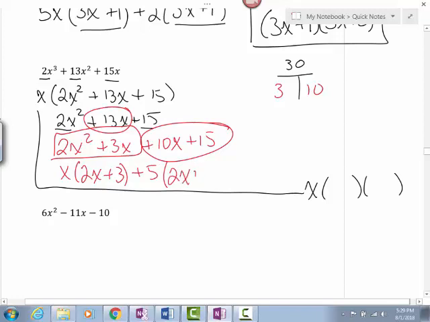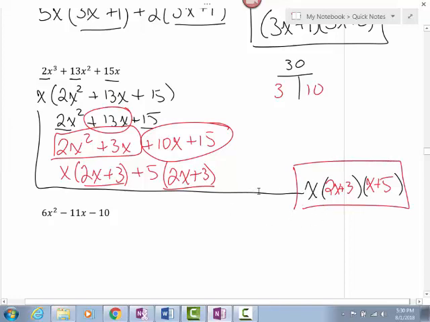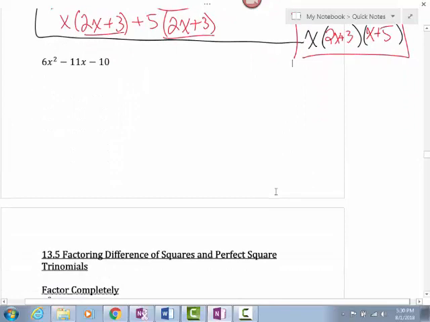I'm also left with 2x plus 3. So again, my common factor is 2x plus 3, and I'm also left with the x plus 5. So again, I'm hoping that this idea of factoring by grouping is making sense.